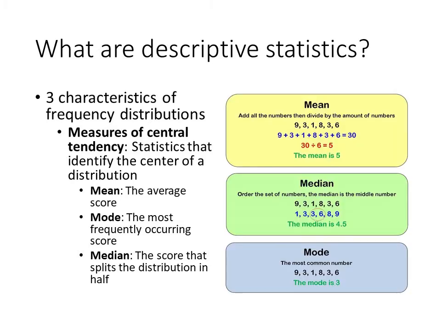The mean is the average score. The mode is the most frequently occurring score, the score you see the most of. And the median is the score that splits the distribution into 2 equal halves.